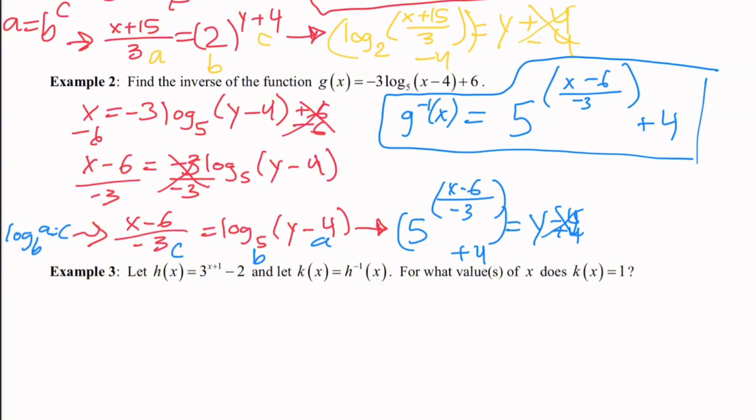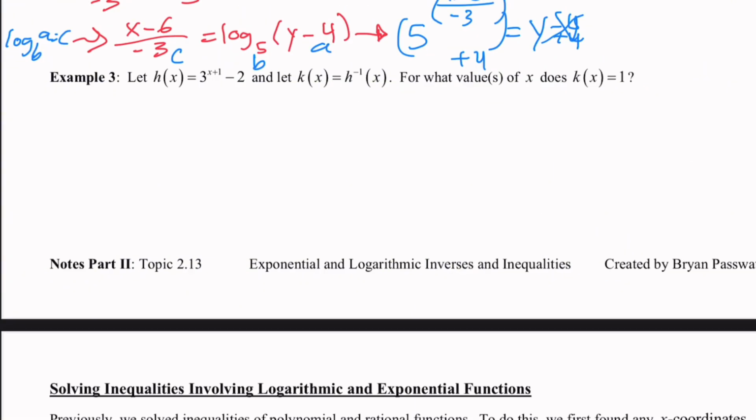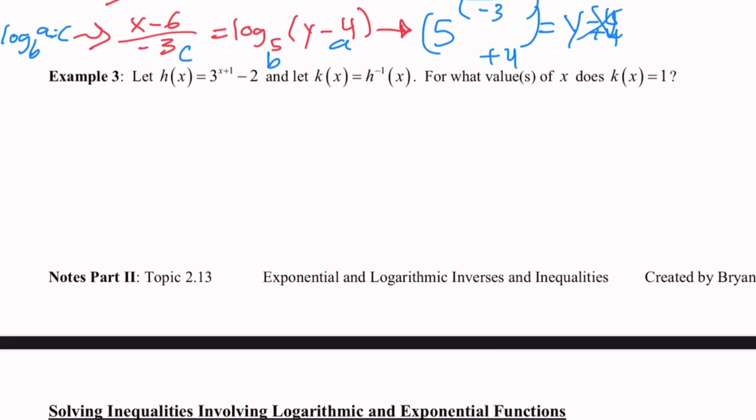So that's our answer. Now the next one looks like it's not asking for the inverse. Let h of x be right here and let k of x equal this. For what values of x does k of x equal 1? Okay, so we're told that k of x is equal to 1, but we're also told in the question that k of x is also equal to the inverse of h of x, which we are given.